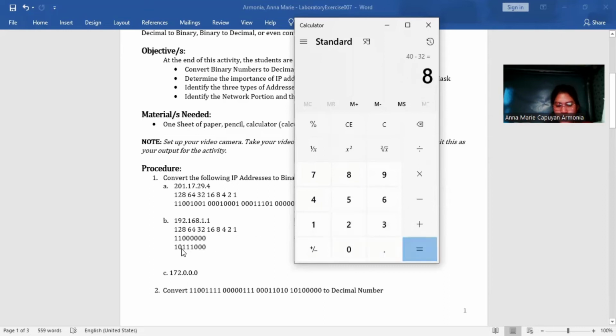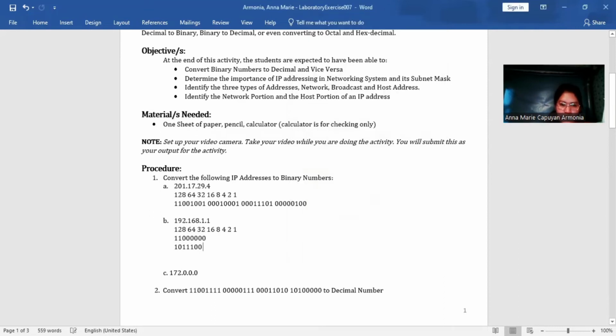Sorry, I'm confused now. Okay, 1 for 128, 168 minus 128 is 40, 64 cannot be subtracted, 32 can be, so there's 8 left. So it should be 0 for 16, 1 for 8, and the rest will be 4, 2, 1. So 1, 0, 1, 0, 1, 0, 0, 0.